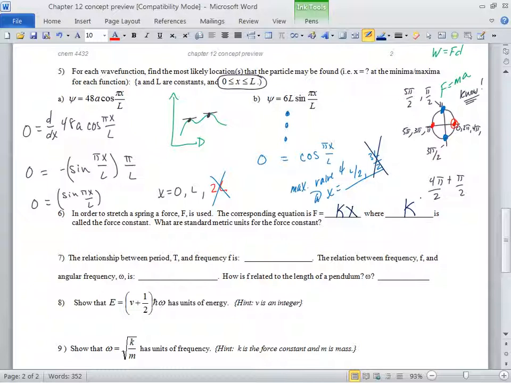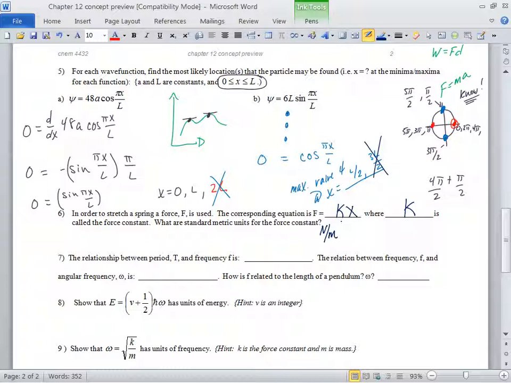Just use F equals Kx and solve for K. K would be what over what? Newtons over meters. X is the displacement, a distance. So newtons over meters, because K is F over x.